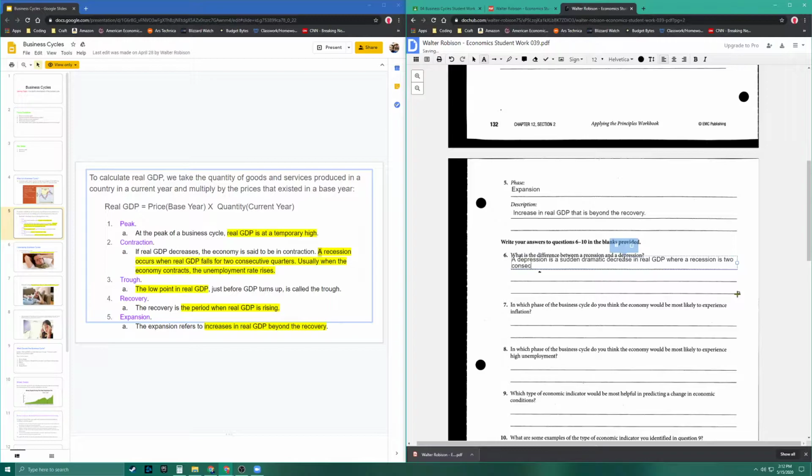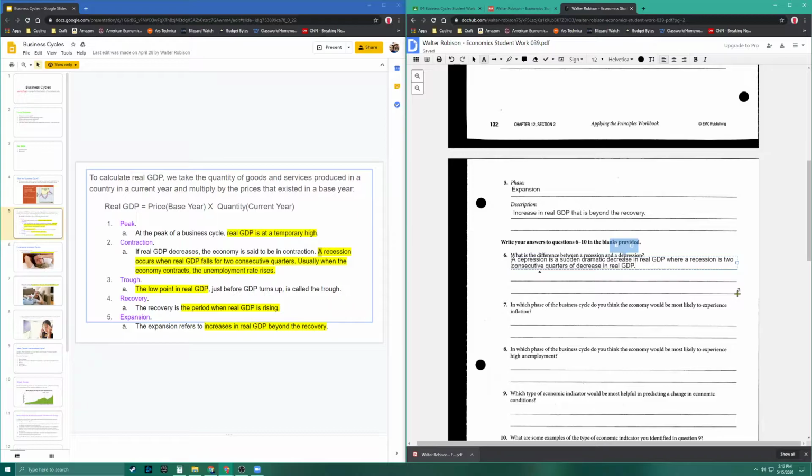Okay, it has to be consecutive. It has to be 3-month period to 3-month period back to back. So a recession is 2 consecutive quarters of decrease in real GDP.